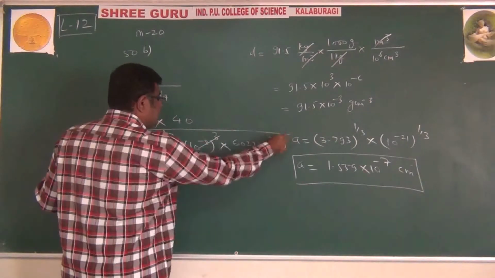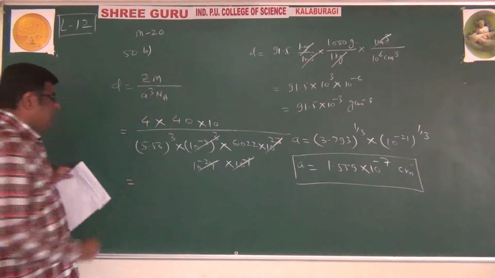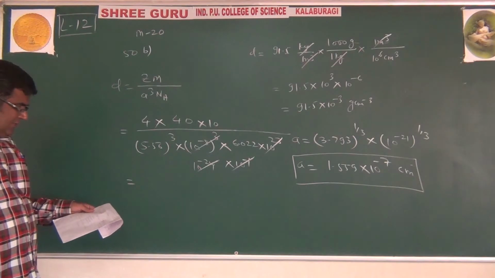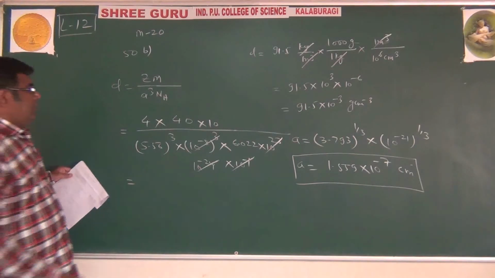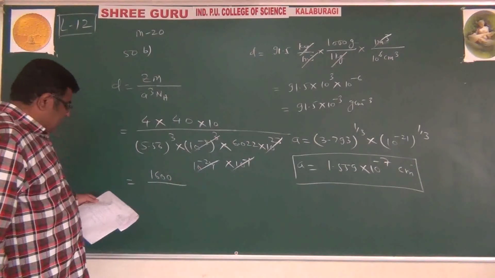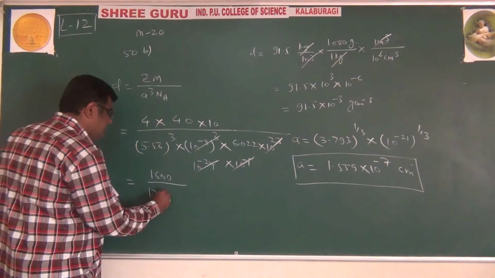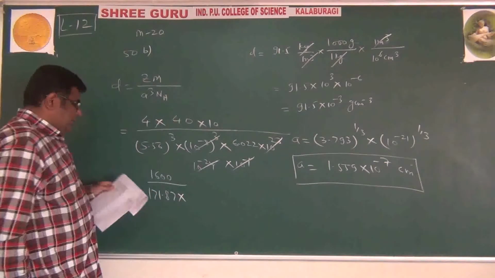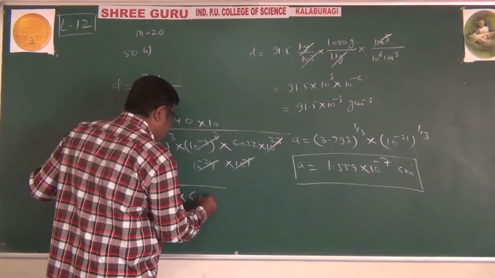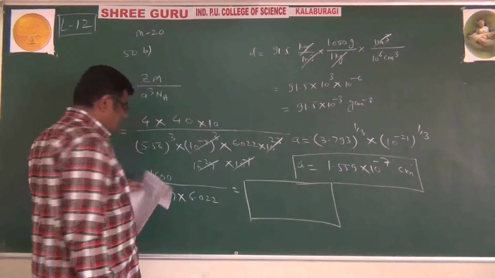This is 10 raised to minus 1. This is 10. So you can just simplify these numbers. It is 1600 divided by 171.87 multiplied by 6.022, this number remaining, and this will be its answer.